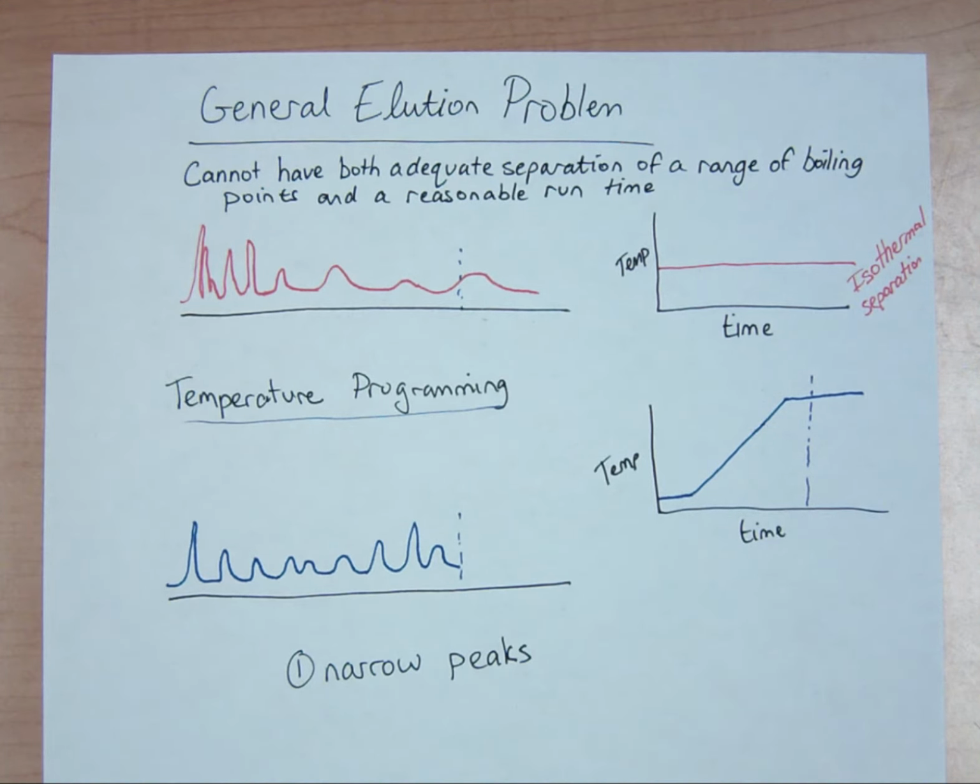So we get a lower B term if we're going to be able to get them off the column much faster. In addition, we get a lower CS term because we're having more control over those end peaks' interaction with the stationary phase. Ultimately, this is going to lead to improved resolution.